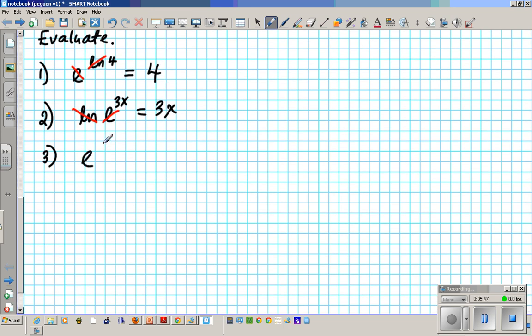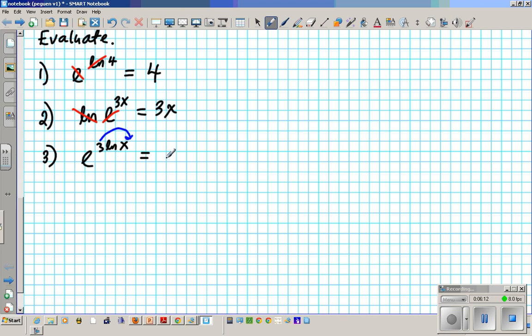Alright? Number 3. What is e to the 3 ln of x? We have this 3 in between these two, so they can't cancel out. If I want to get rid of this 3, remember the trick we did before: this 3 can become a power of this x. Natural logarithm has all the properties of the regular logarithm, only that its base is an irrational number e.